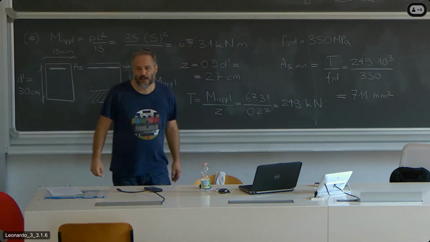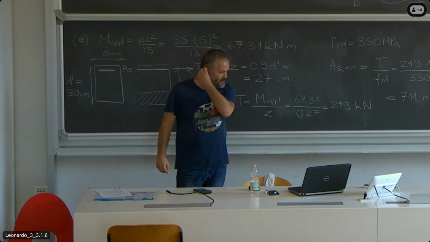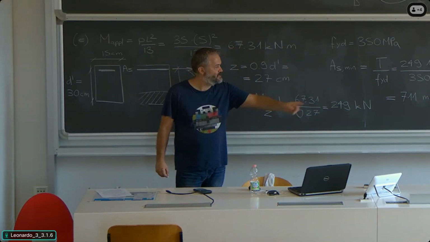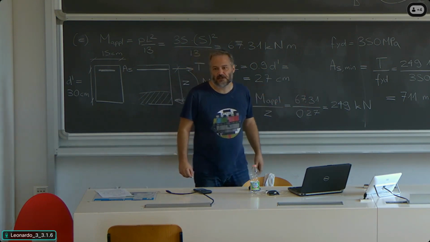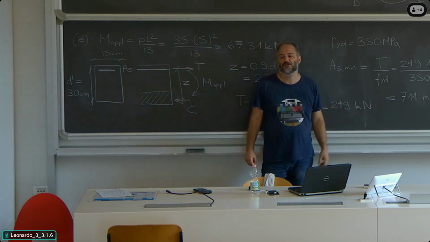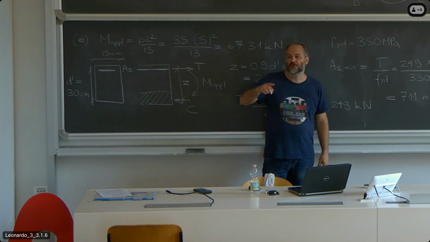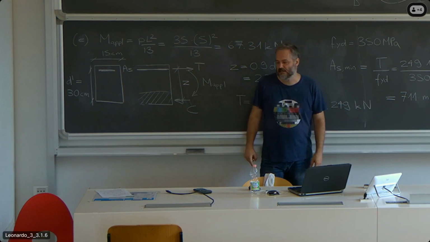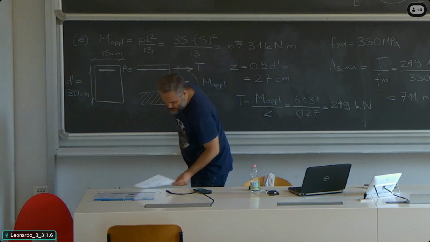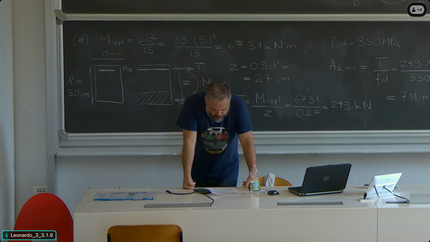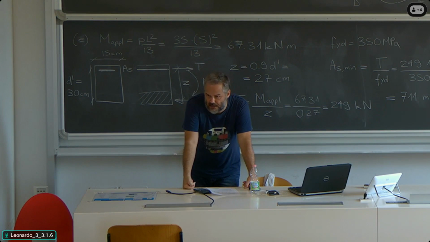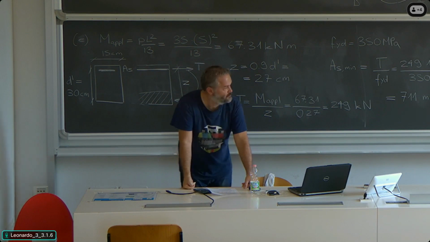Okay? If I was in a hurry, I could consider my design task done. It is not, because I have to transform this into a number of commercial rebars. As a matter of fact, the assignment said to design the longitudinal reinforcement, and so on, assuming 14 millimeter diameter rebars. So my final answer should be how many 14 millimeter diameter rebars I need.